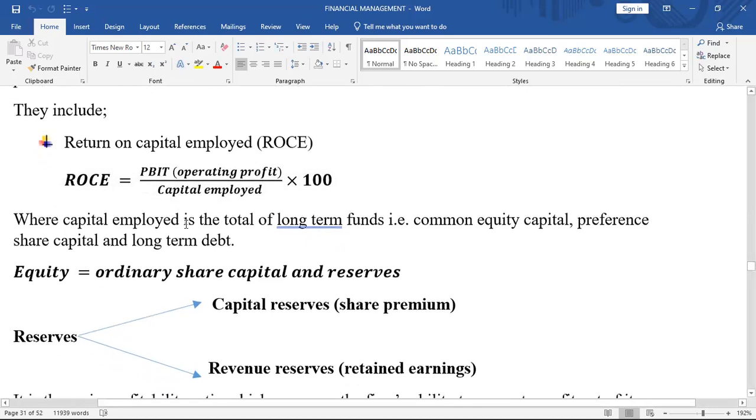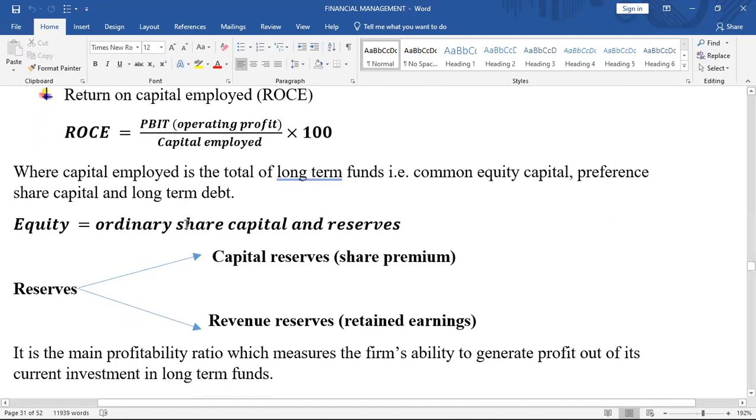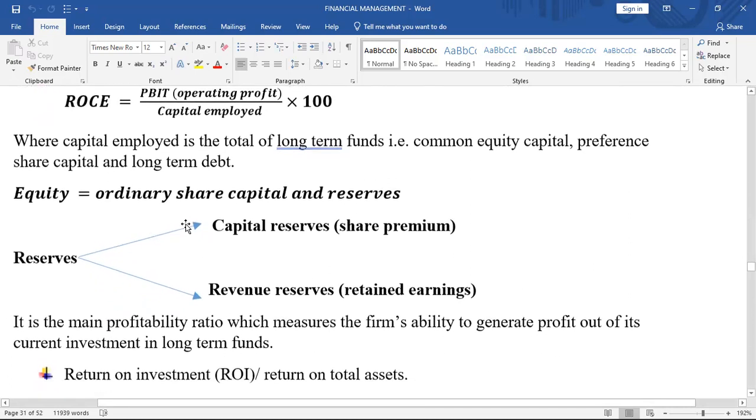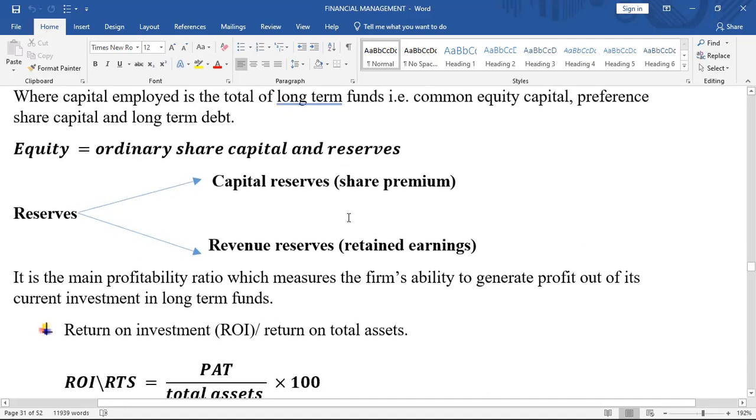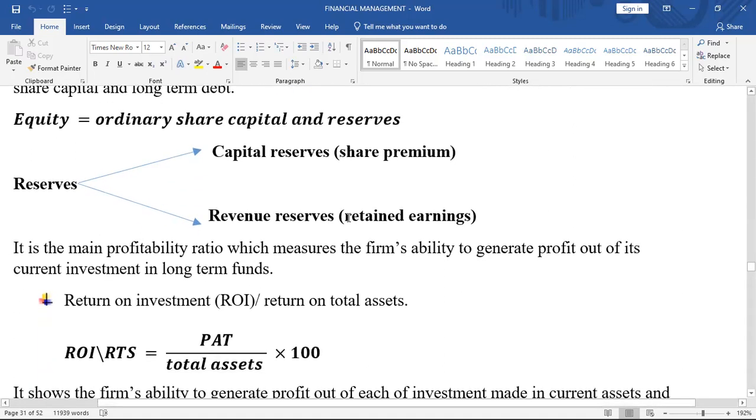Our equity is normally comprised of the ordinary share capital and reserves. The reserves include the share premium, which is normally called the capital reserves, and also the revenue reserves, which are basically attained through retained earnings. It is the main profitability ratio, which measures the firm's ability to generate profit out of its current investments in long-term funds.